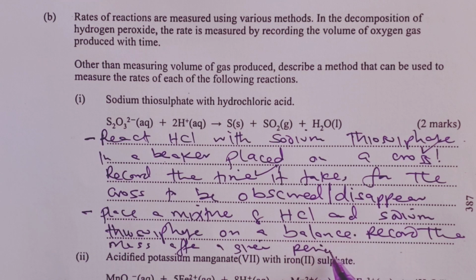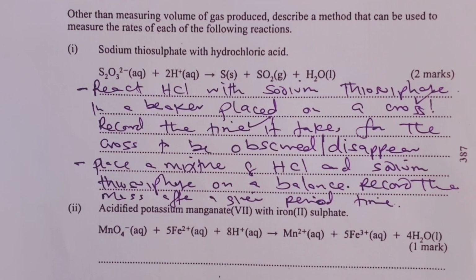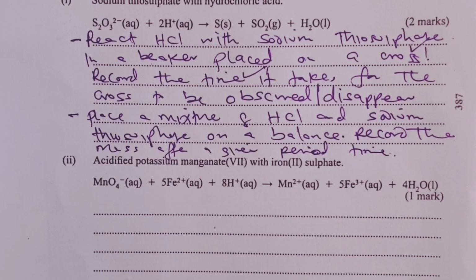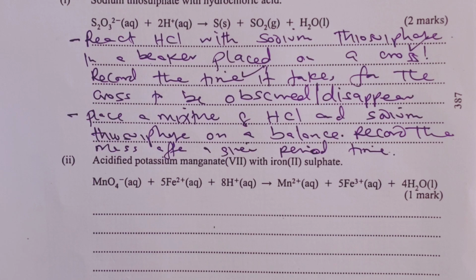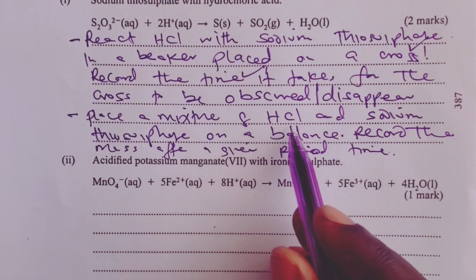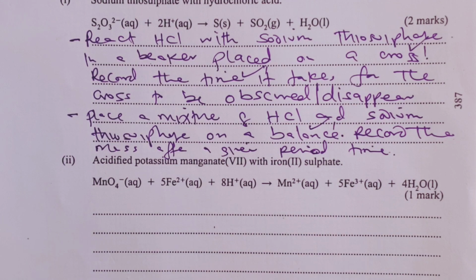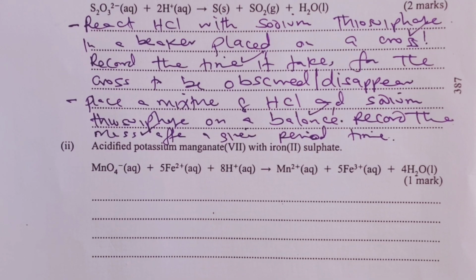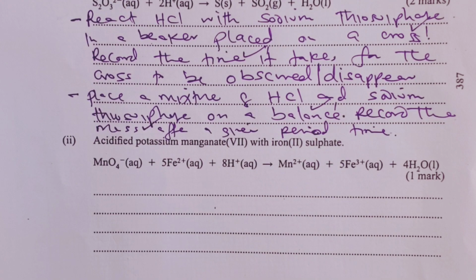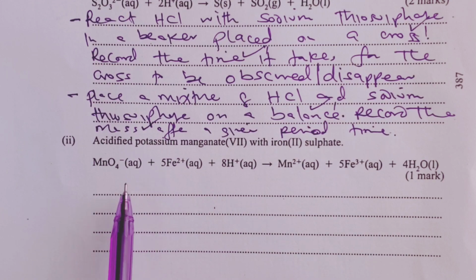So this can also tell us the rate of the reaction between hydrochloric acid and sodium thiosulfate. For students who would think of measuring the mass, putting a mixture of HCl and sodium thiosulfate on a balance would earn the first mark, and then recording the mass after a given period of time, the next mark.